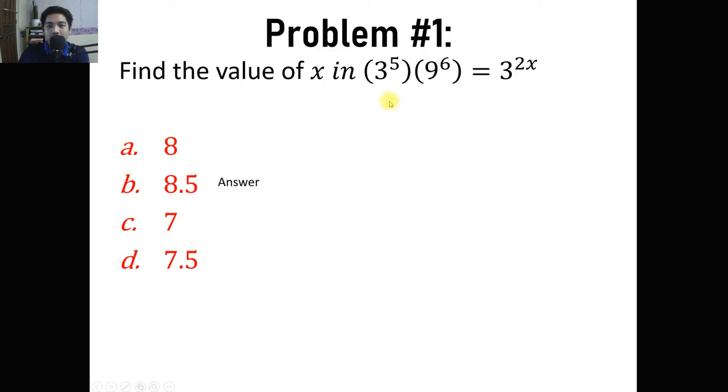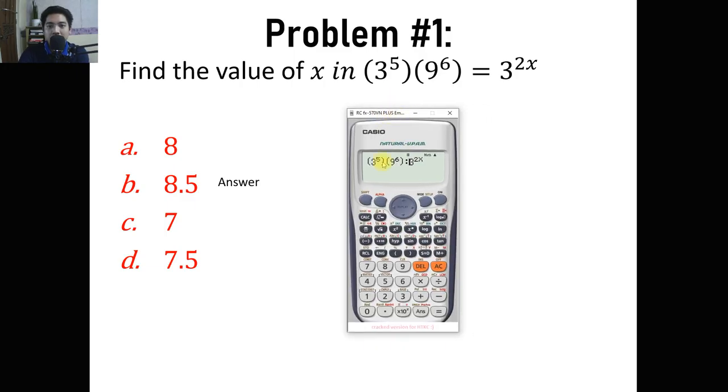What we're going to do is solve the value of this side and the value of this side, and if they are equal, then that should be the answer. So let's try. We're going to calculate. We did not use shift solve. We're going to calculate both this side and this side, and if they are equal by giving a value of x, then that is the correct answer.